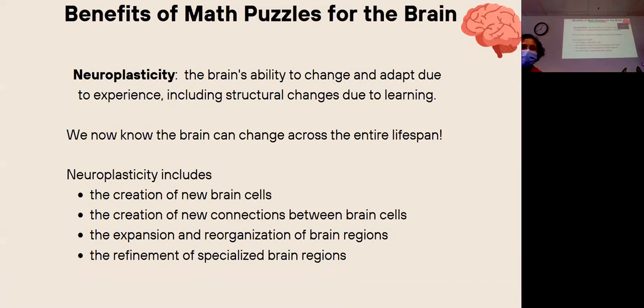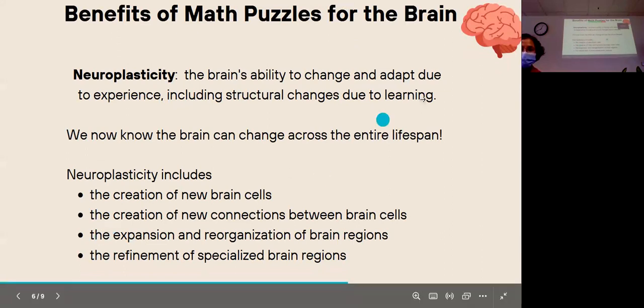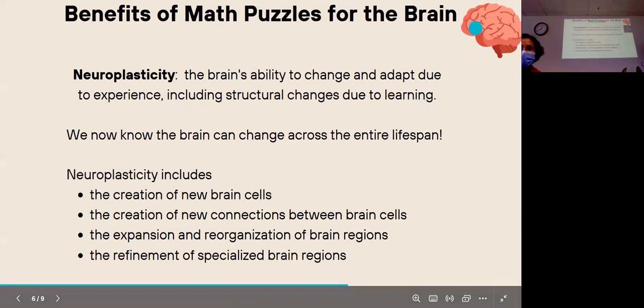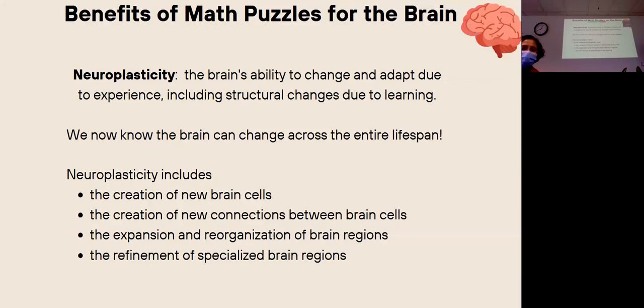So we know that the brain changes across the entire lifespan with the creation of new brain cells. And when we are struggling or thinking about some math or puzzle, that makes new connections between brain cells. So this is what neuroplasticity is, the brain's ability to change and adapt due to experience, including structural changes due to learning.